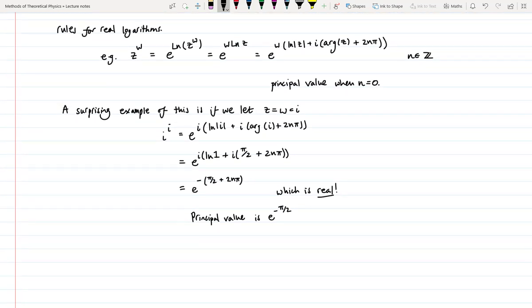I will note here that z to the w is single valued if w is an integer.